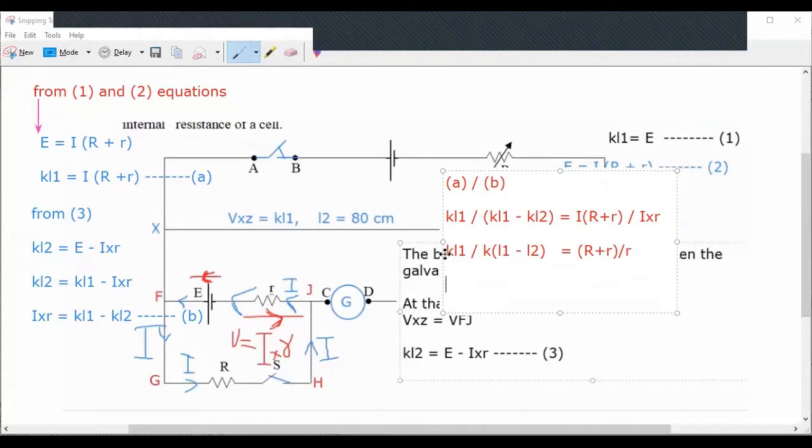Similarly, K terms are cancelled out, so remaining terms will be L1 divided by (L1 minus L2).